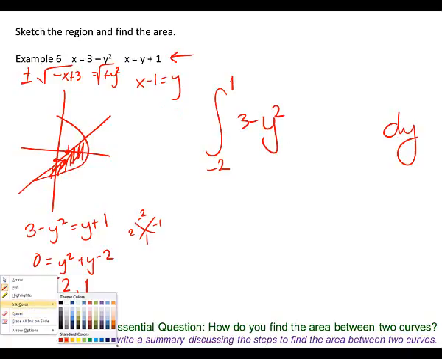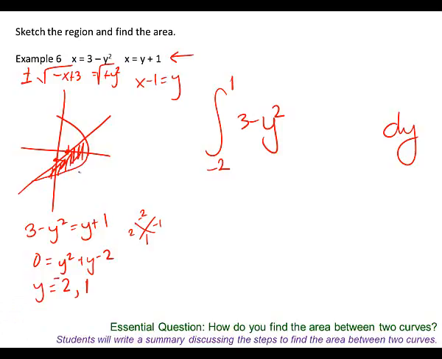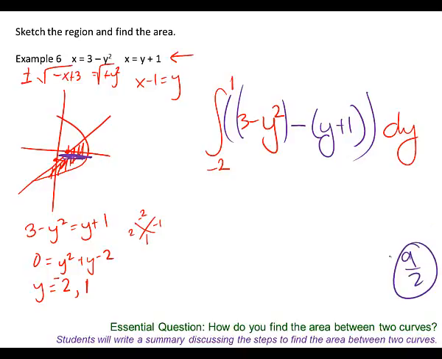We aren't doing the up and down, because the up and down we'd have to split it up. Everybody catch that? So we changed it, we're in this direction. Okay? So 3 minus y squared minus what? Y plus 1. And that's all I wanted you to do, right? I'm going to go parentheses happy. There you go. If you really wanted the answer, I wrote it down as 9/2 in the past.